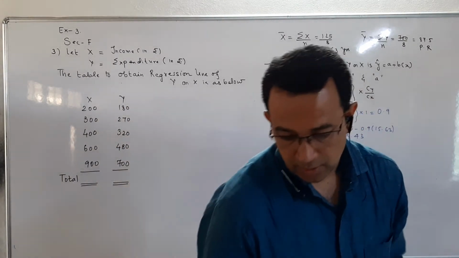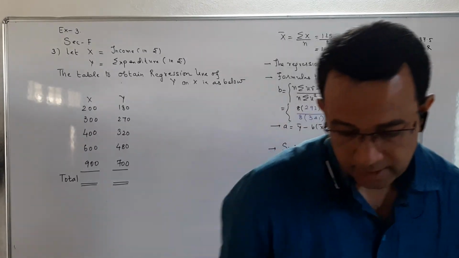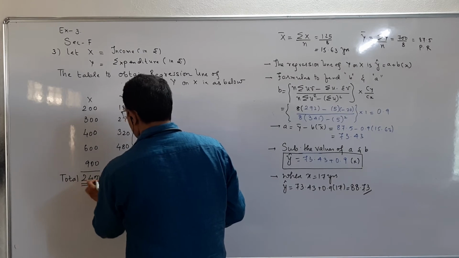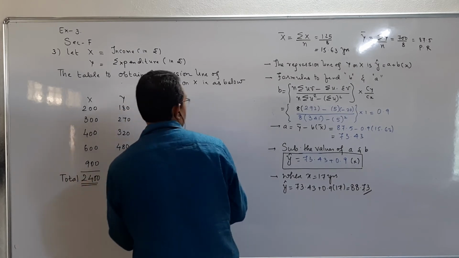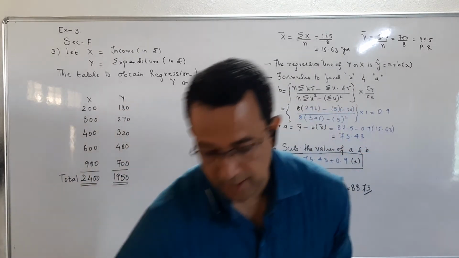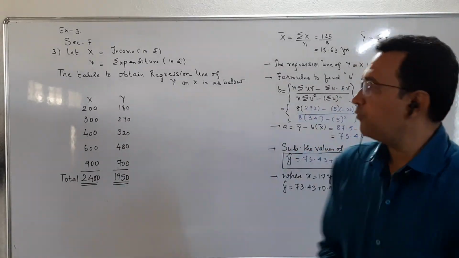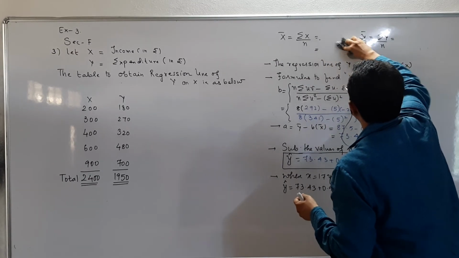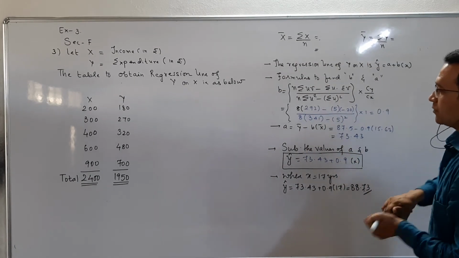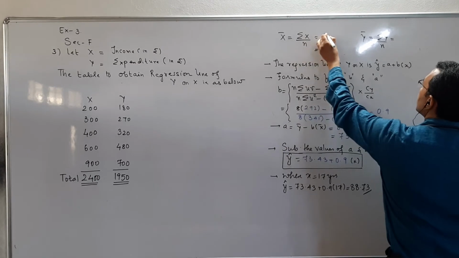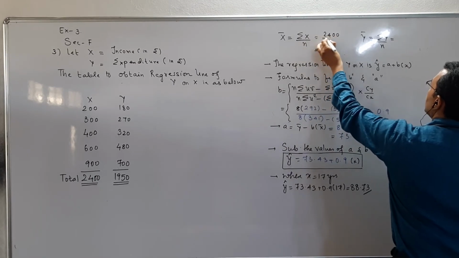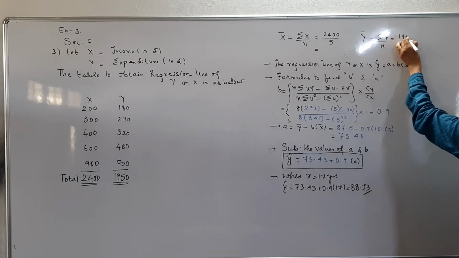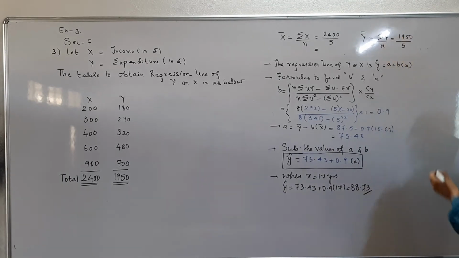Okay students, so the totals of x and y are 2400 and 1950. Correspondingly, let us compute x bar and y bar. So 2400 divided by 5 and 1950 divided by 5.